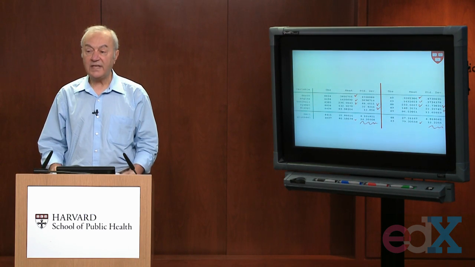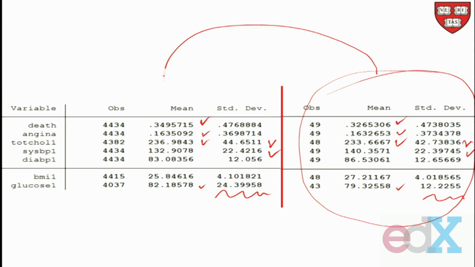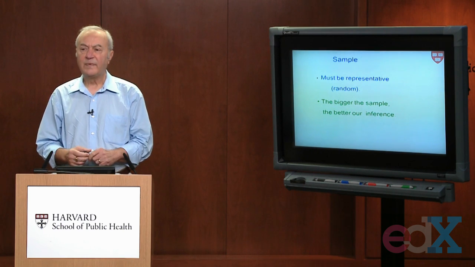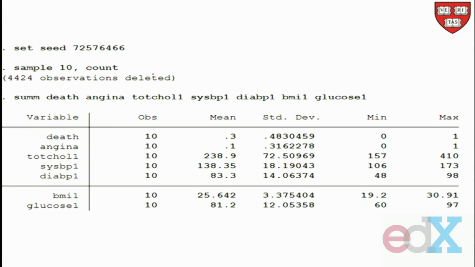But you can see why it makes sense that we can use this sample to make inference about the population. It's a sample of size 49. Turns out that that's a pretty big sample. In fact, the bigger the sample, the better our inference. We'll quantify this a little bit more closely later, but for now, here it is.